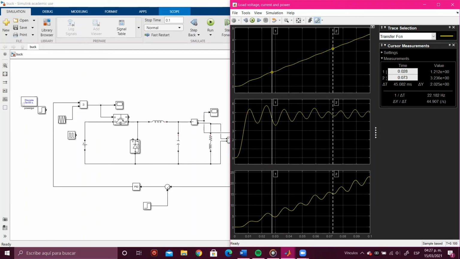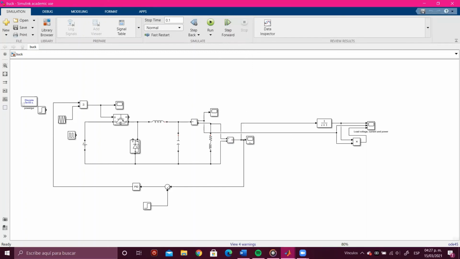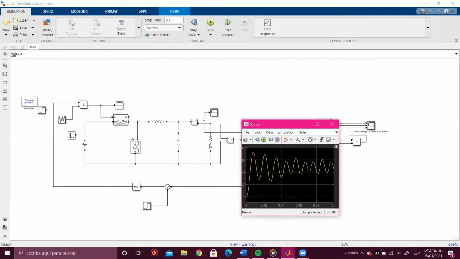The voltage will be changing, but mainly the power will be constant and will tend to stop having energy losses.